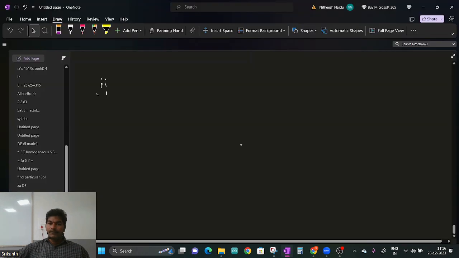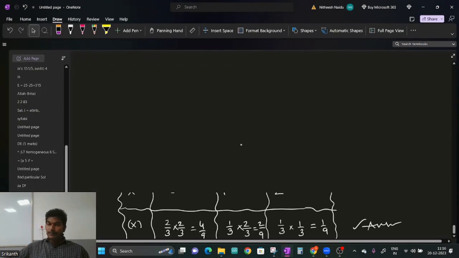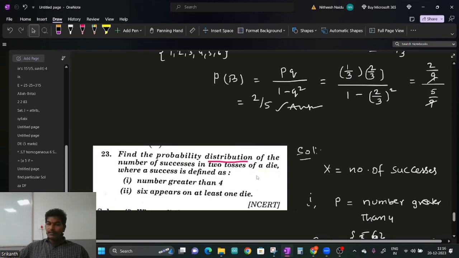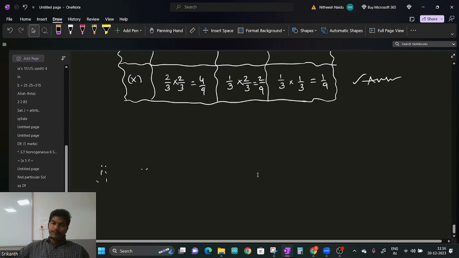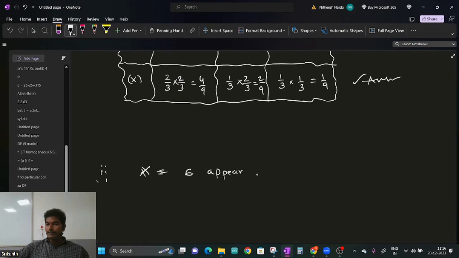So for the second question, X is equal to: 6 appears on at least one die is the success definition. At least one die shows 6.